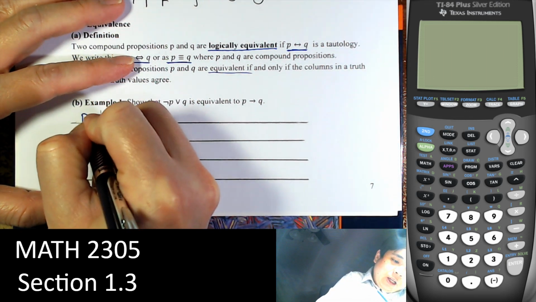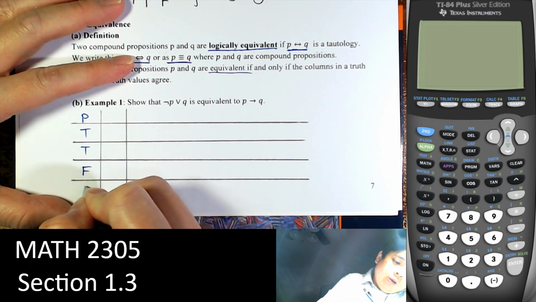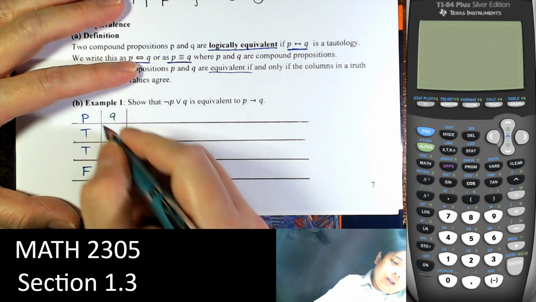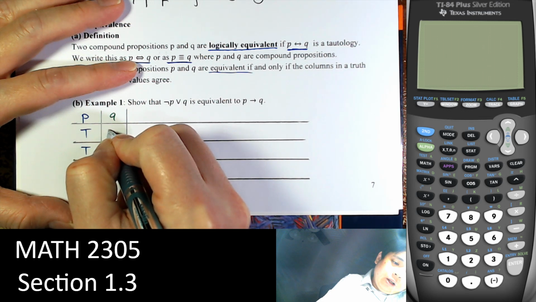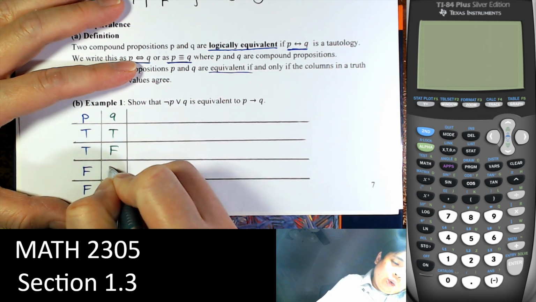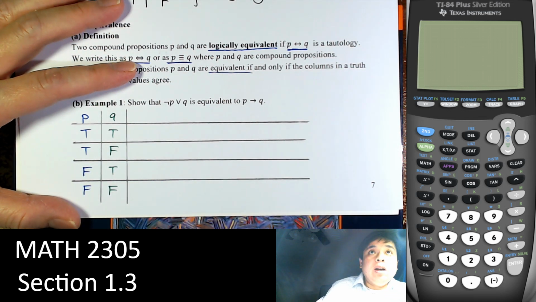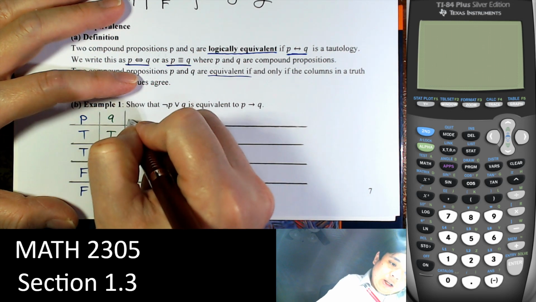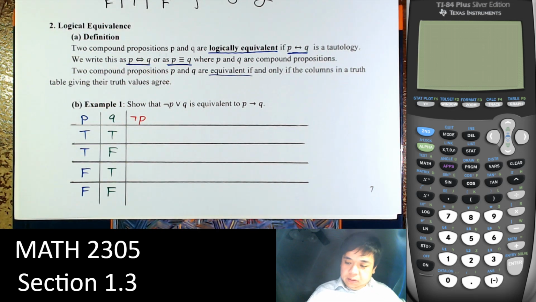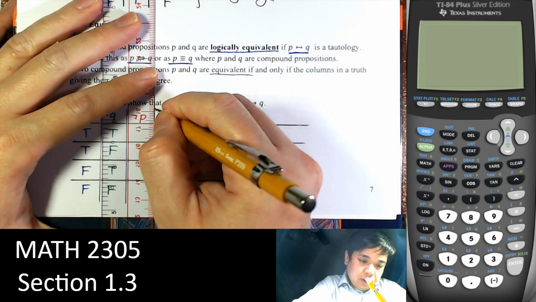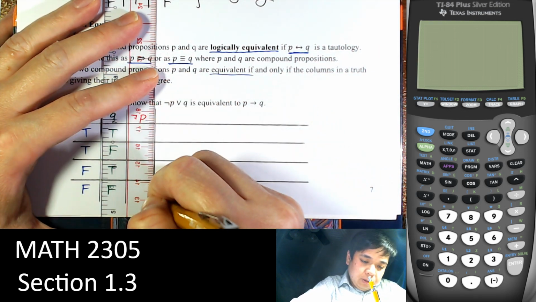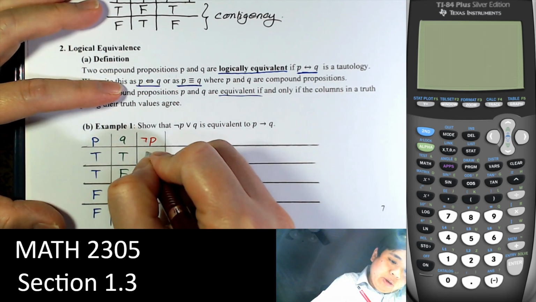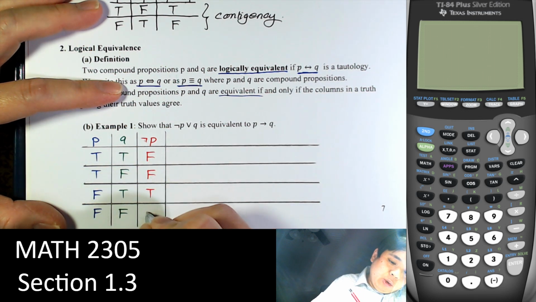So P: true, false. Q: true, false. First, of course, for this one we're going to do the negation first. Not P: just negate P here. So false, true.